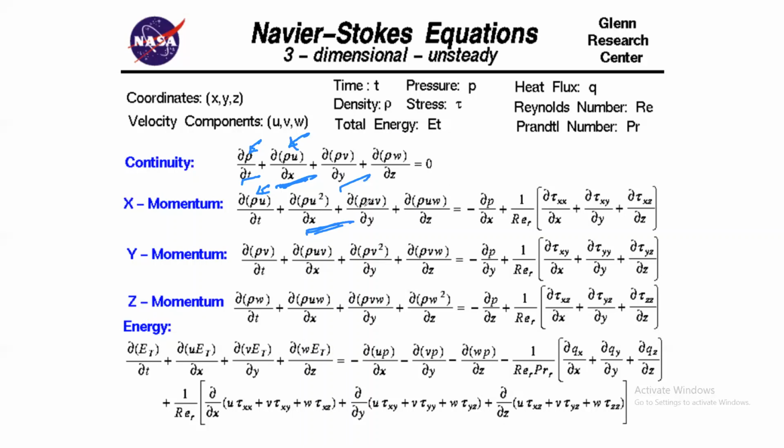Then there is the convection term, which I'll explain in the upcoming lectures. This is the pressure gradient term, and these are the non-dimensional numbers. I will also tell you the benefits of keeping them in non-dimensional form. Then these are the stress tensors. It will be clearer in the upcoming lectures, or after doing the derivation. For the time being, you should know the terms like time derivative and space derivative.